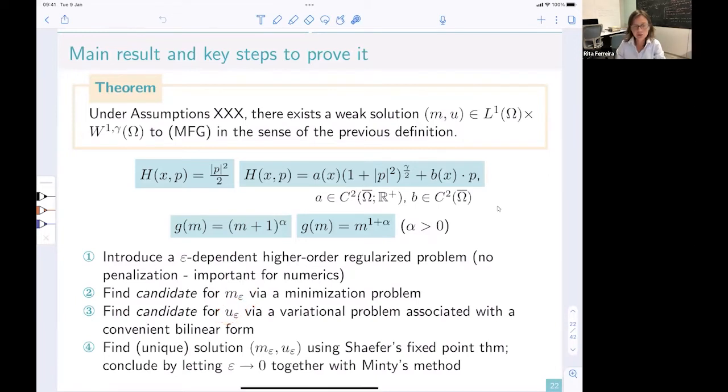We find a candidate U. And then, using these variational and bilinear problems, we prove existence of a fixed point using Schaefer's fixed point theorem. And then, of course, we have to establish some compactness properties. This is then following the Minty method. We establish some compactness properties for this pair, pass to the limit, and retrieve a weak solution for the original problem. So this is an overview of the methodology.